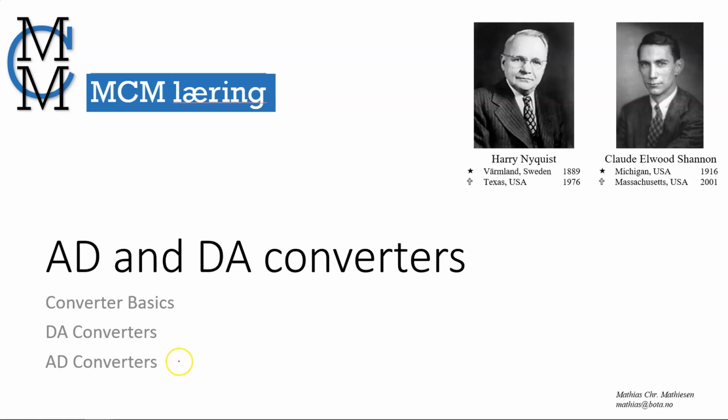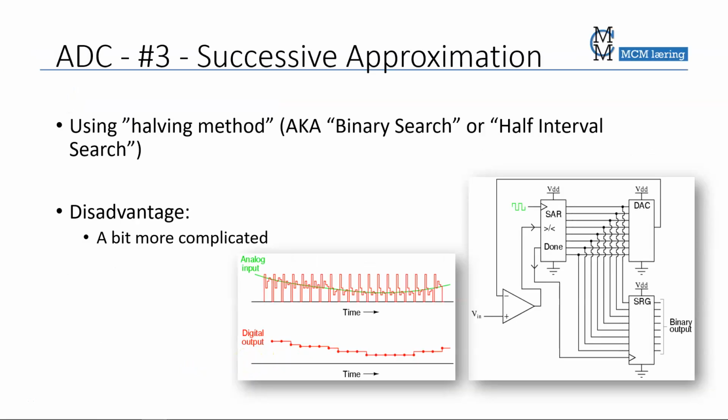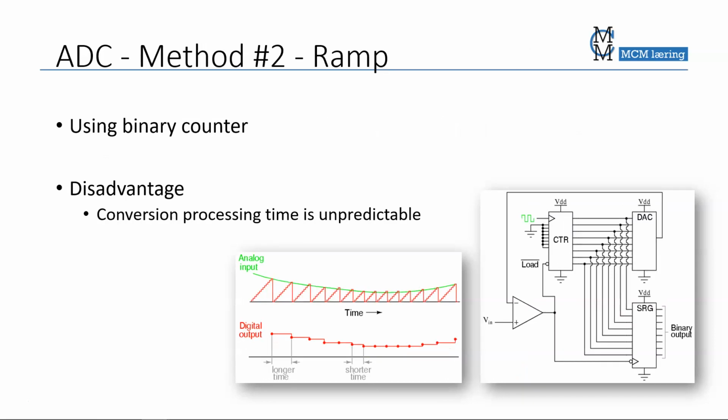Film number 7 covers conversion method number 3, which is the successive approximation method. The block diagram of a successive approximation converter, so-called SAC, is very much the same block diagram as the one we had with the ramp.